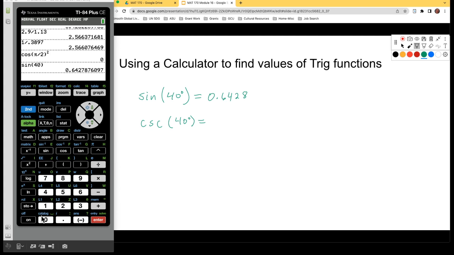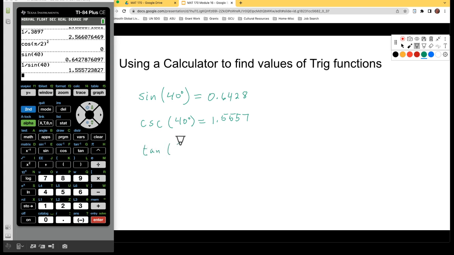So what we have to do is 1 divided by sine of 40, and that will give us the reciprocal. That's how we calculate a cosecant. Okay, and that's going to be 1.5557.